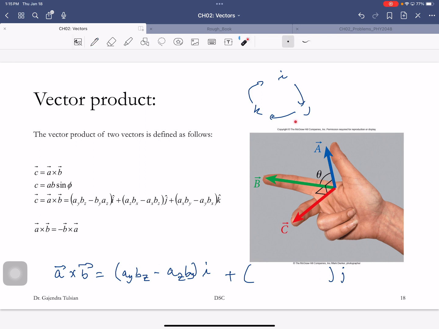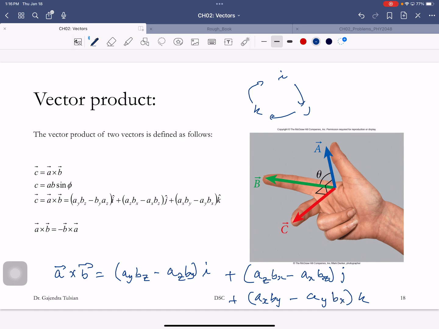The y component would be AZBX, and the second term is AXBZ. Plus the z component: AXBY, and then AYBX. Very good.